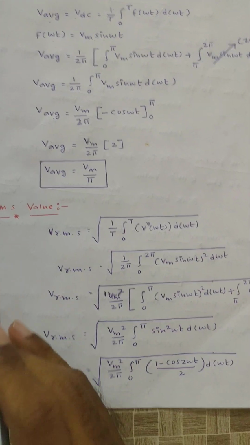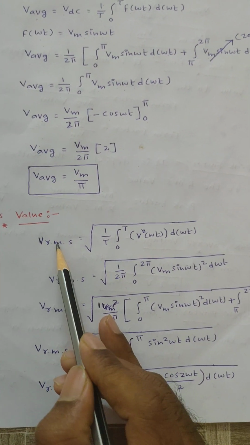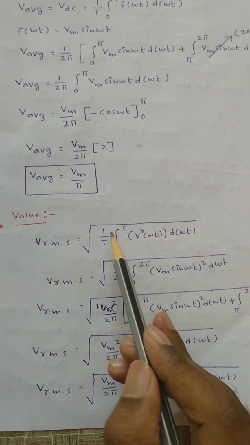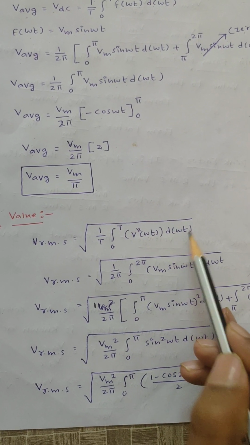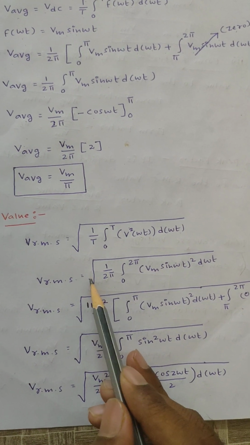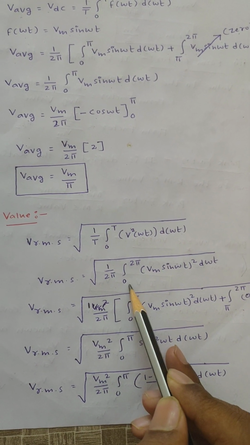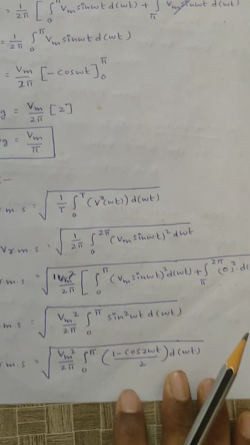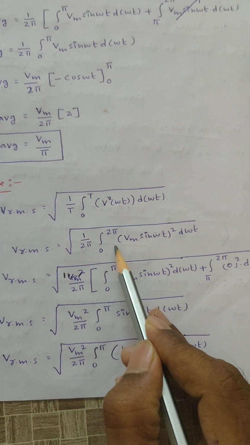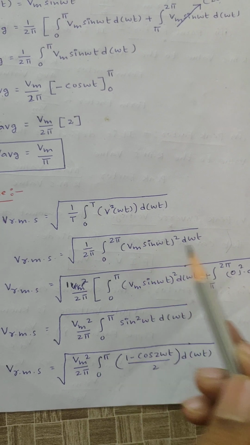Similarly RMS value, Vrms is equal to root mean square of 1 by T integration 0 to T V square omega t into d omega t, that is 1 by 2 pi integration 0 to 2 pi Vm sin omega t whole square d omega t. But already we know that the sinusoidal output voltage will be present only from 0 to pi.